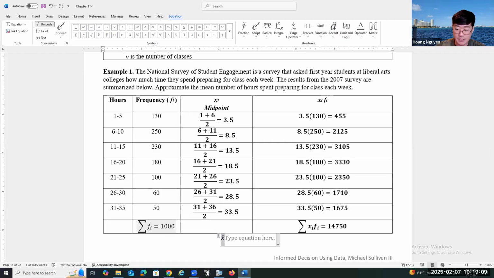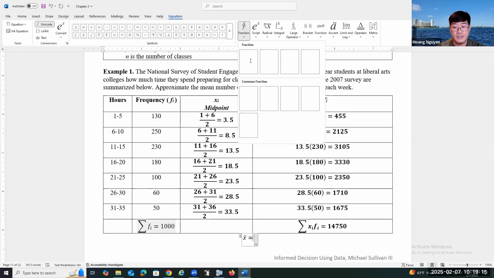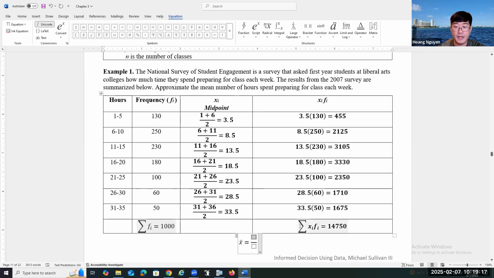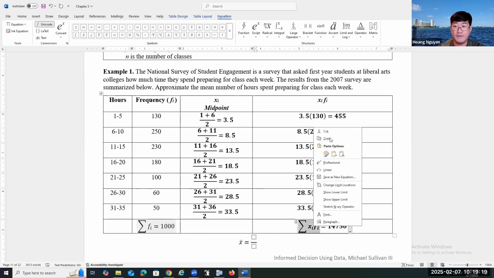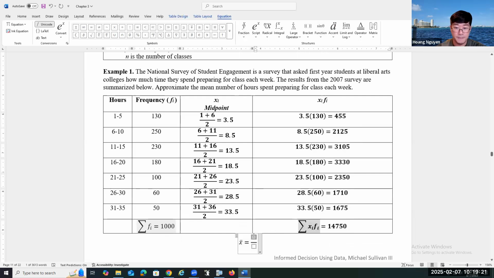The sample mean x bar is equal to the division of, on the numerator, the summation of xi times fi, divided by the summation of fi. That's the formula to approximate the mean from grouped data.